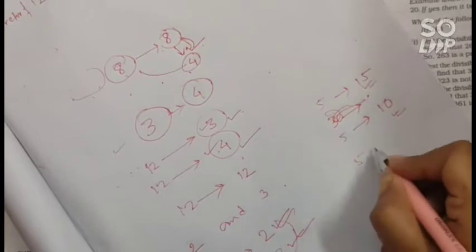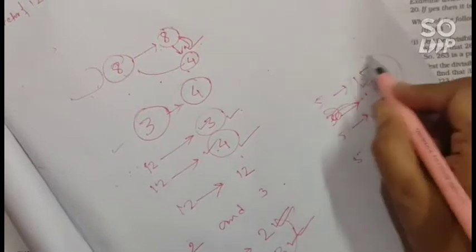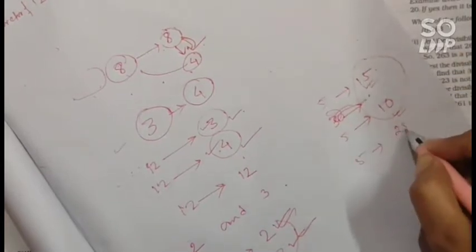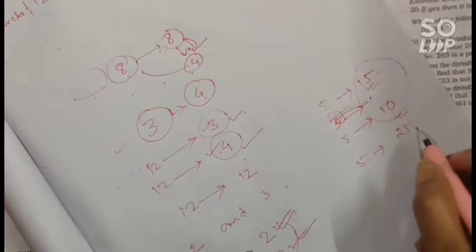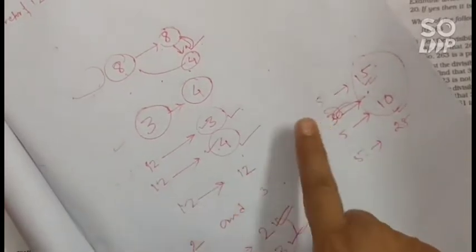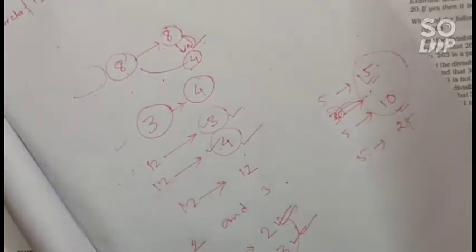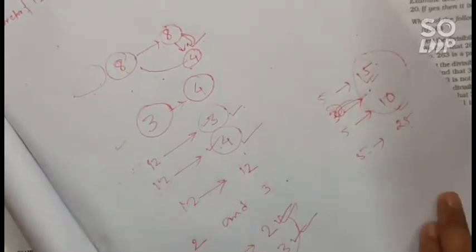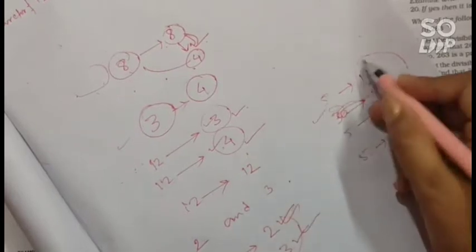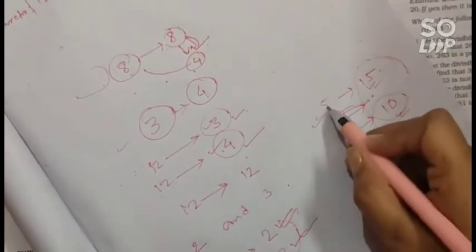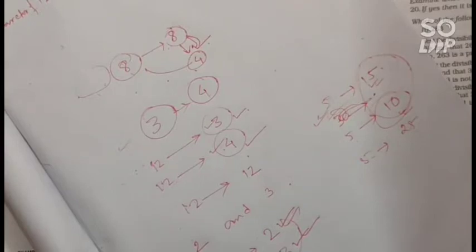And this 5 will be a factor of their sum. 15 plus 10 is 25. Right? 5 5s are 25. So if a number is a factor of the two numbers, then the number will also be a factor of their sum. যদি একটা নাম্বার দুটো নাম্বারের ফ্যাক্টর হয় তাহলে সেই নাম্বারটা তাদের সামেরও ফ্যাক্টর হবে.